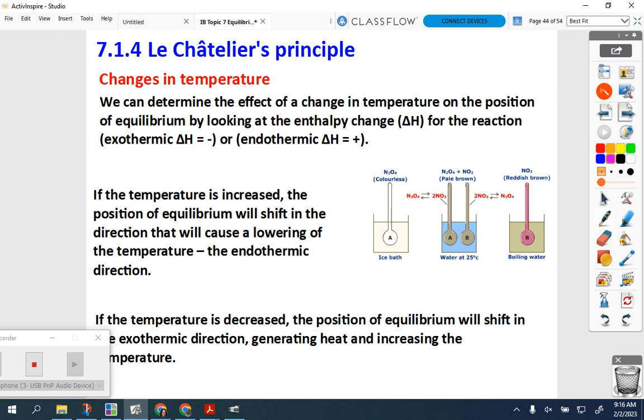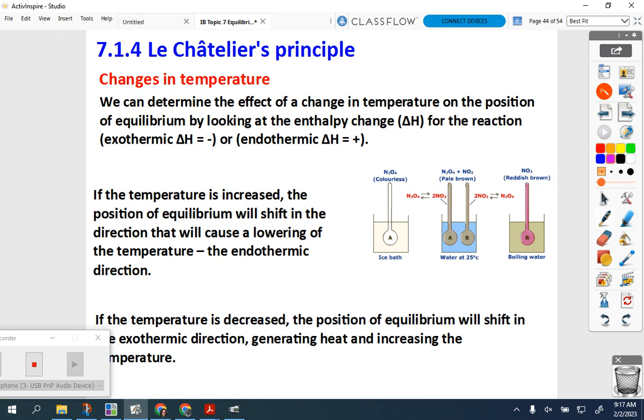If I have a reaction where the forward reaction is endothermic, then my reverse reaction is necessarily going to be exothermic, right? So the effect of changing temperature depends on which direction is endothermic and which direction is exothermic.